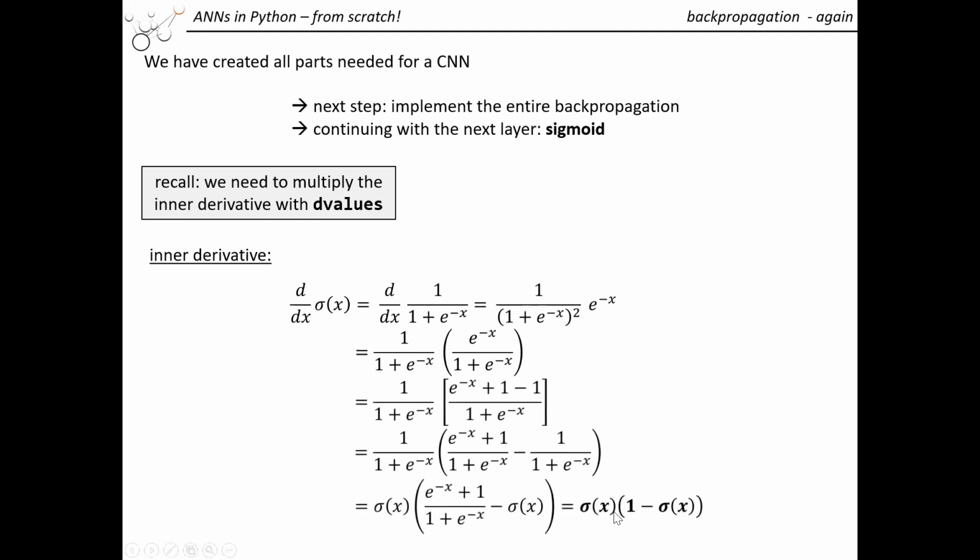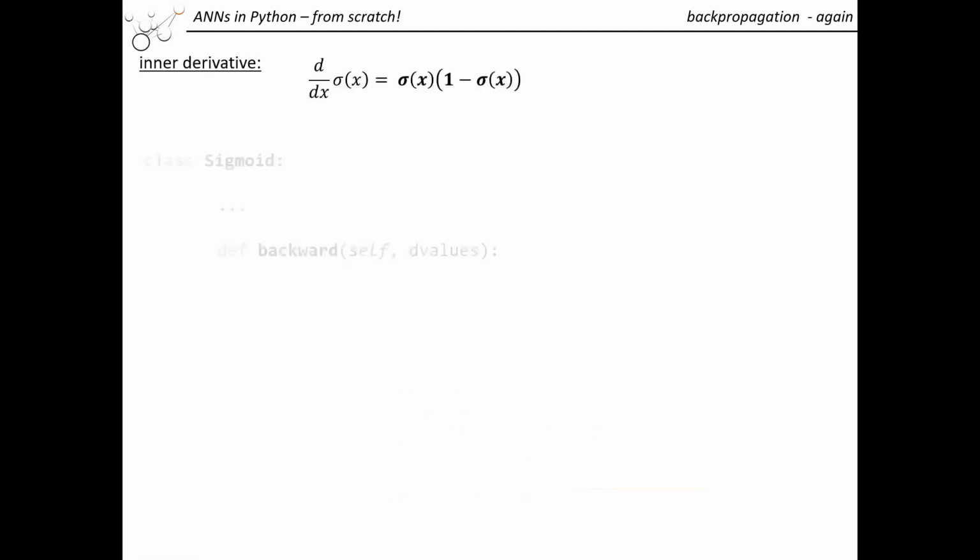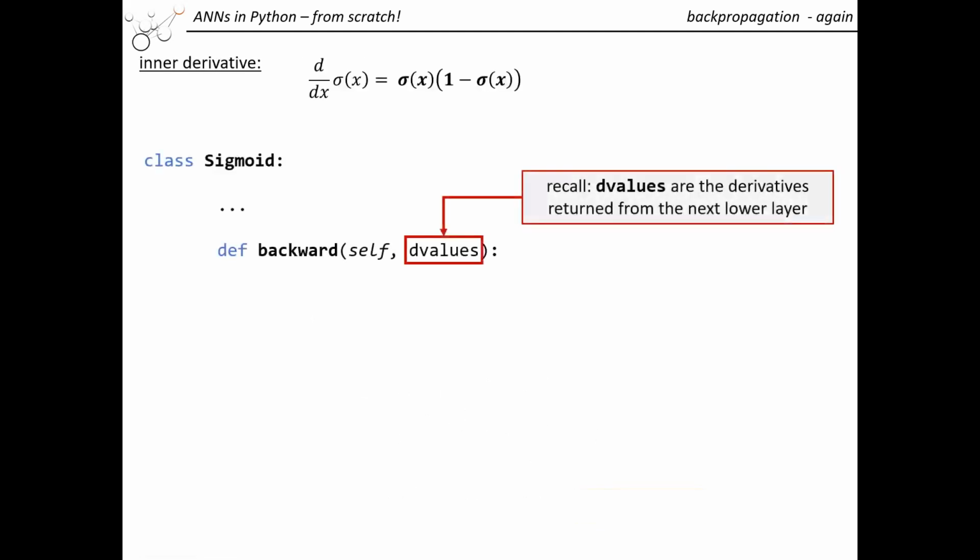And then you see that the derivative of the sigmoid function is just the sigmoid times 1 minus the sigmoid. And we can implement this in our code. So we then just get our d-values. We know that the output was the sigmoid from the forward method. Then we just multiply the current value with 1 minus sigmoid, which is the derivative.